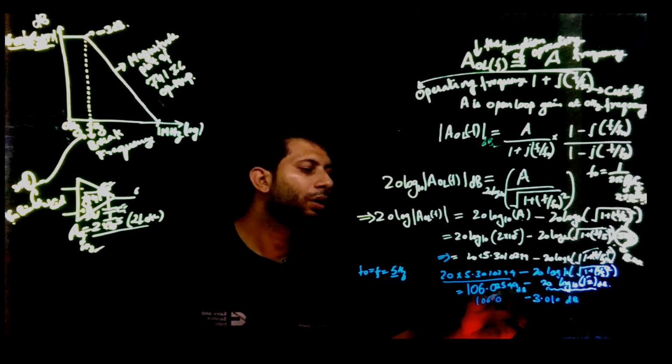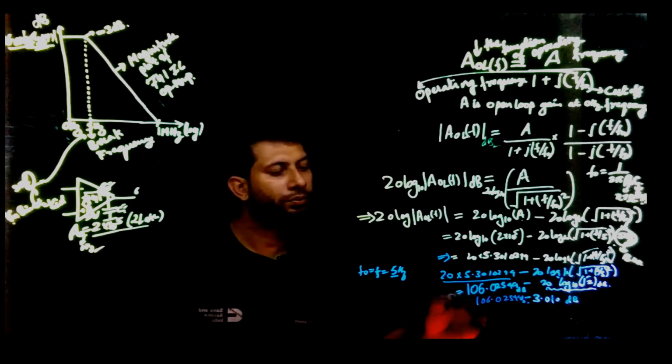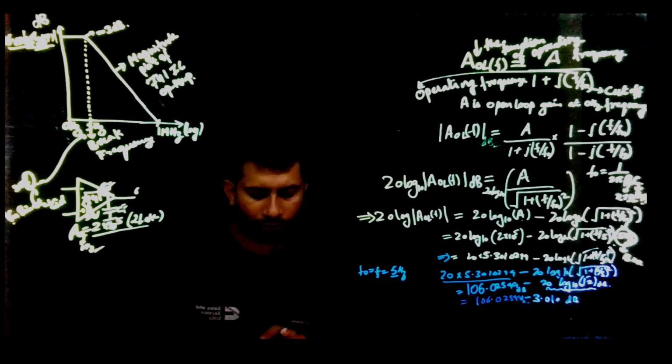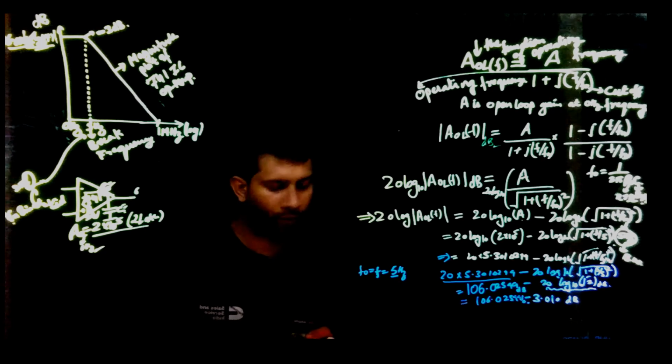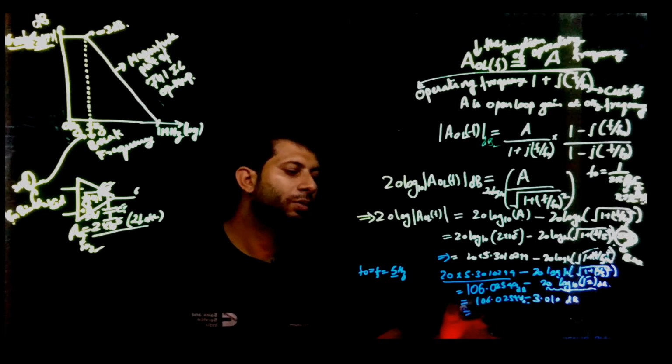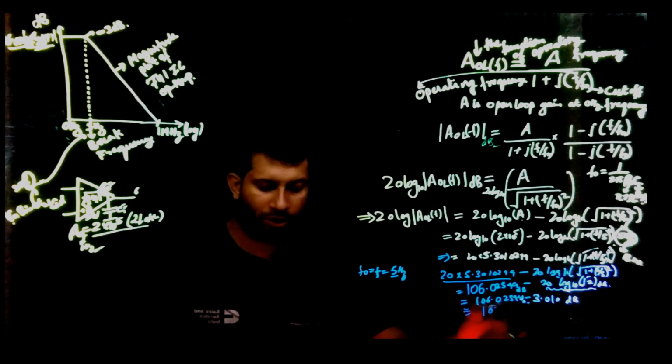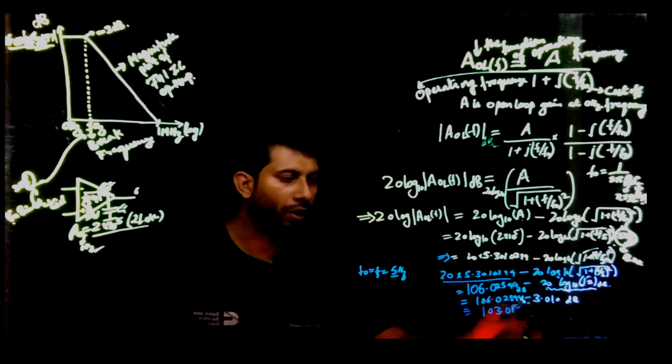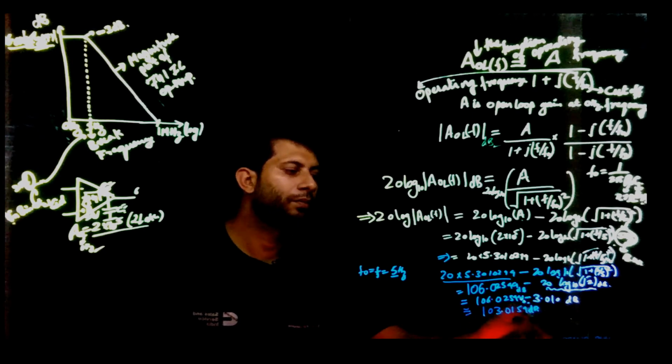When we calculate this factor we get 106.02 minus 3.010, which is approximately equal to 103.015 dB.